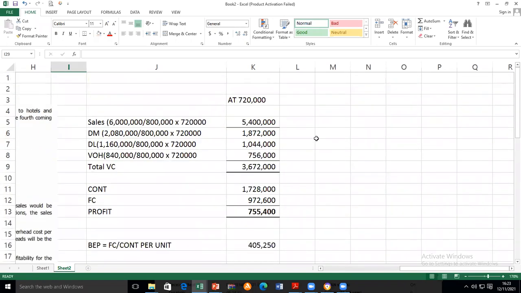What will happen here? What is option 1 saying? I must multiply this figure by 0.75.